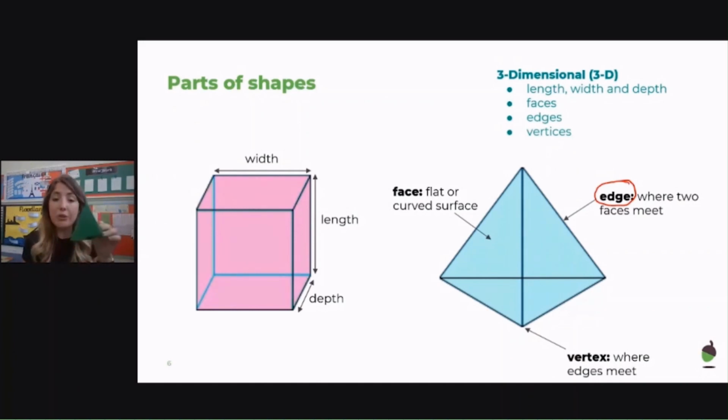So on a tetrahedron or a triangular base pyramid, we've got 1, 2, 3, 4 flat faces. We've got 1, 2, 3, 4, 5, 6 edges, which is where the faces meet. And we've got 1, 2, 3, 4 vertices. We're going to work more on looking at these properties in a moment.